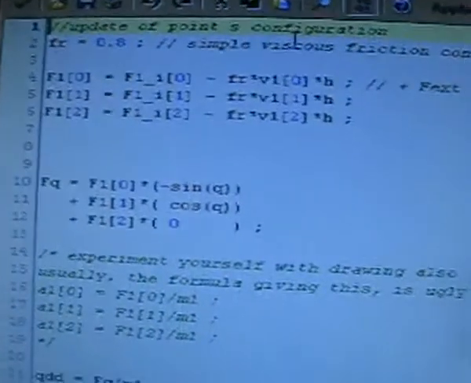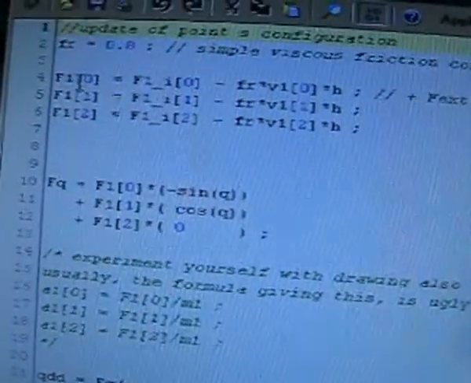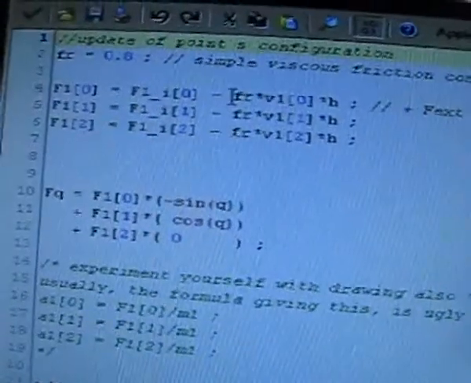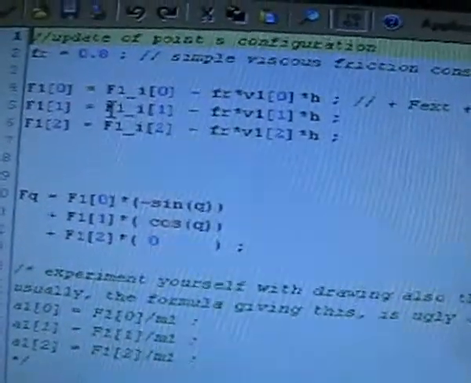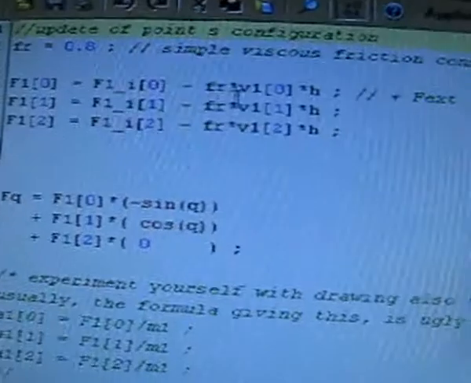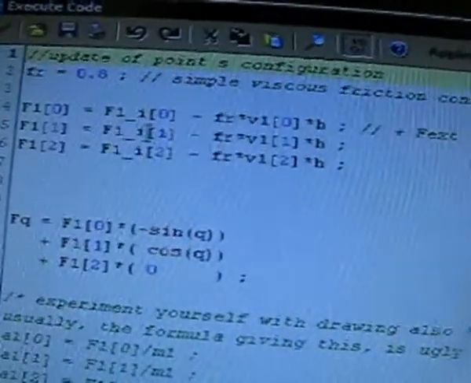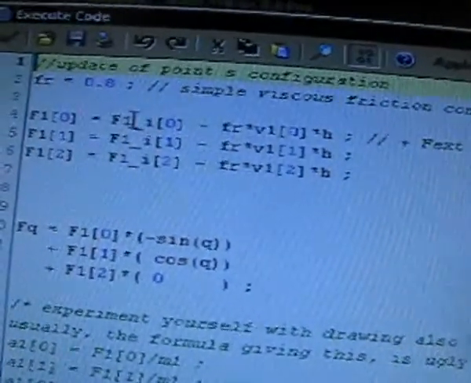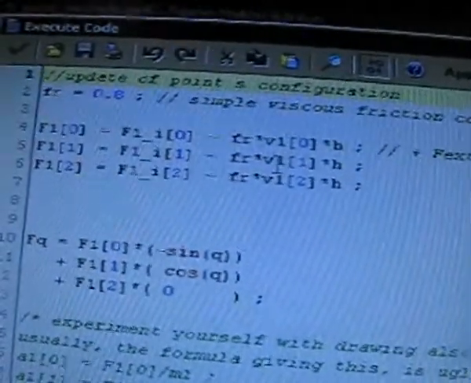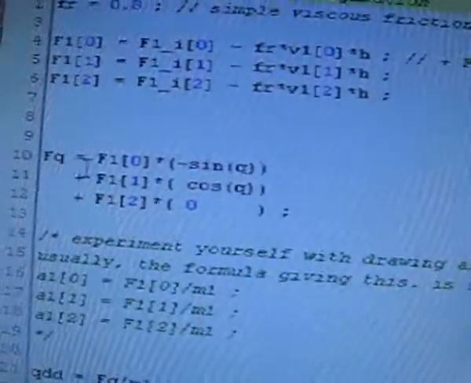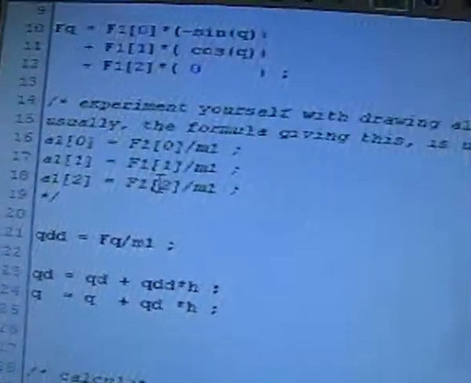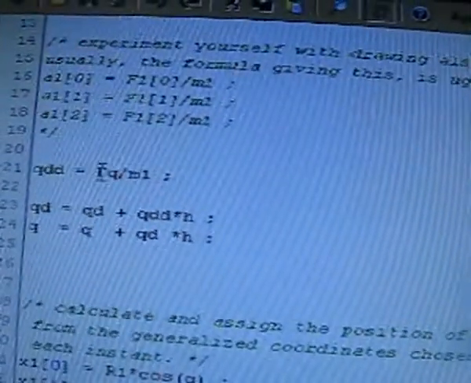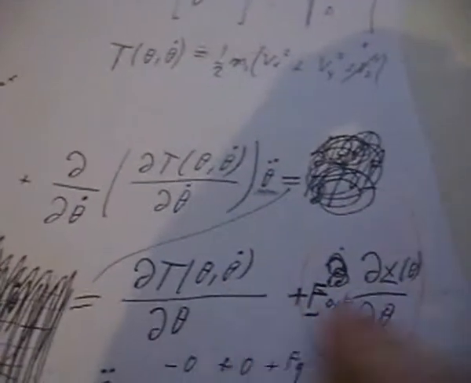In the main procedure, it evaluates the total force acting on the material point. Here there are only two: some interactively applied external force, and the frictional force. We calculate the generalized force Q, and then we insert, in this case directly, the formula obtained by solving for theta double dot the Lagrangian equation of motion.